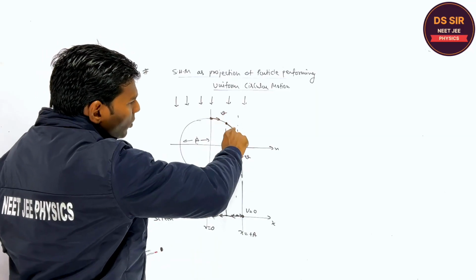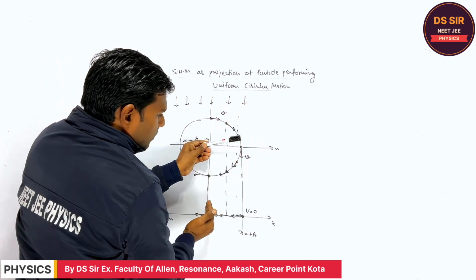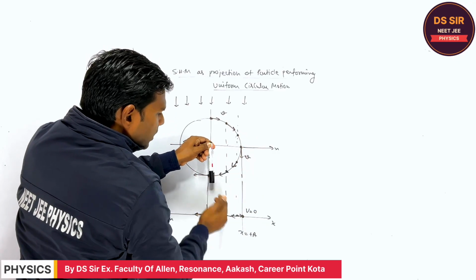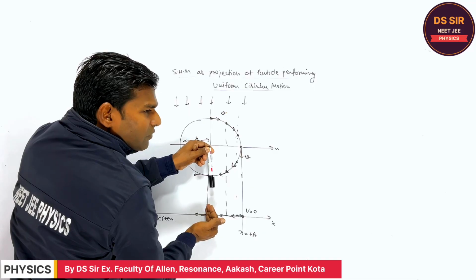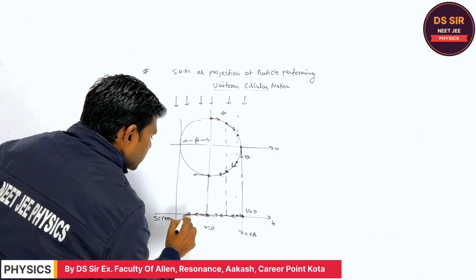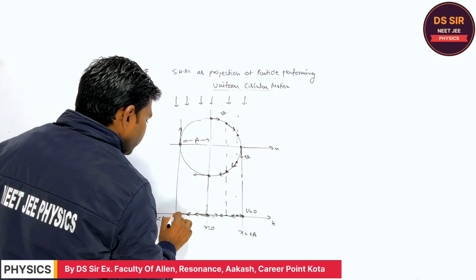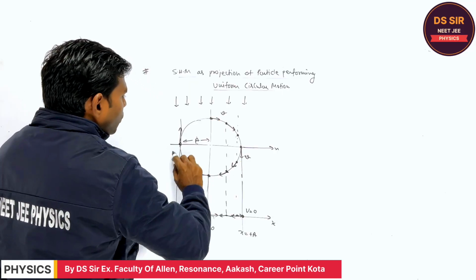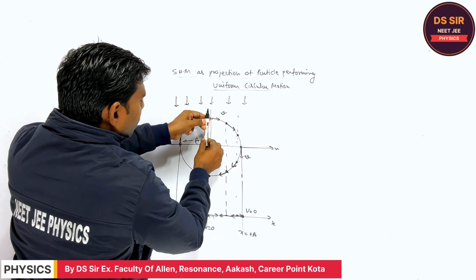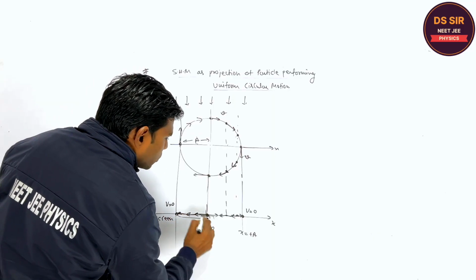So if the particle is performing like this, it is moving in this way, the projection is moving in this way. It is moving in this way, the projection starts moving towards the left. When it moves this way, its projection moves in this way. Are you getting? When the particle is on this point, its velocity in this direction becomes 0, right? And now the particle completes one revolution on the circular path, so its shadow moves to this point and comes back to this point.